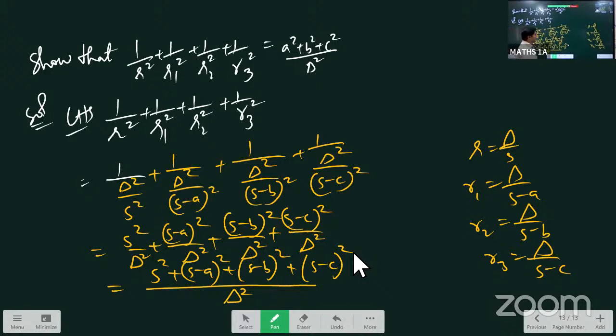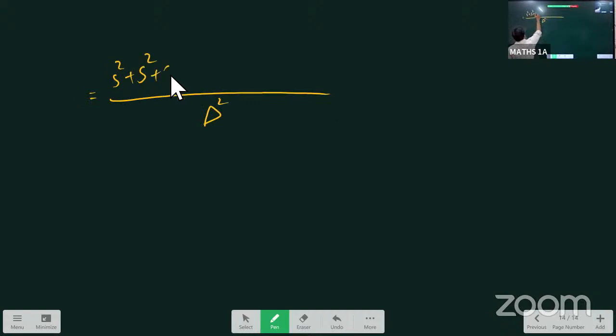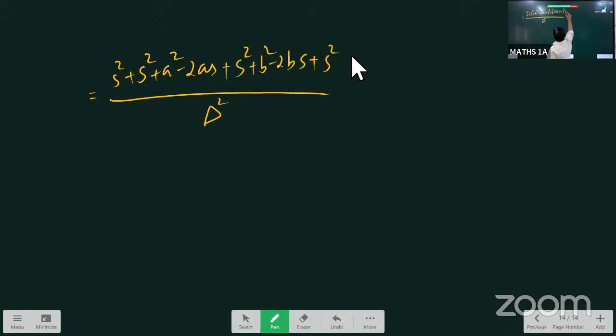Now start simplifying. Open the brackets. Delta square is your common LCM. So s square plus s minus a whole square: s square plus a square minus 2as. Again s square plus b square minus 2bs. Again s square plus c square minus 2cs. Is it clear?